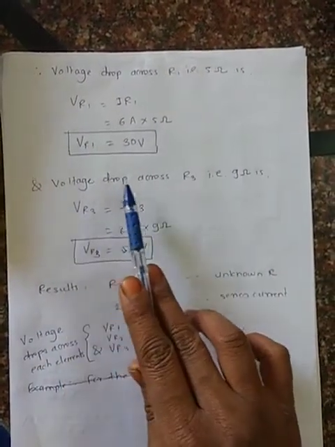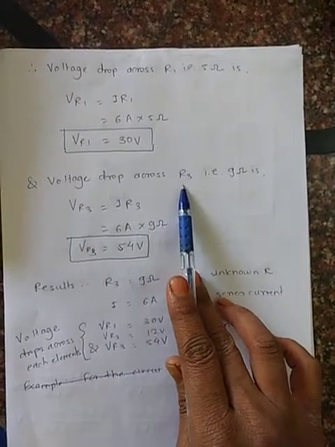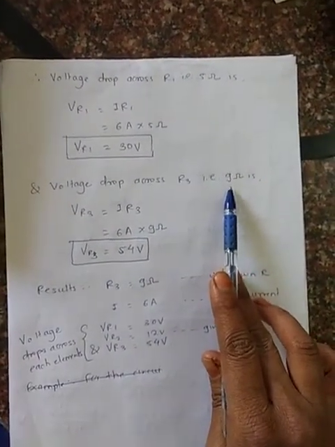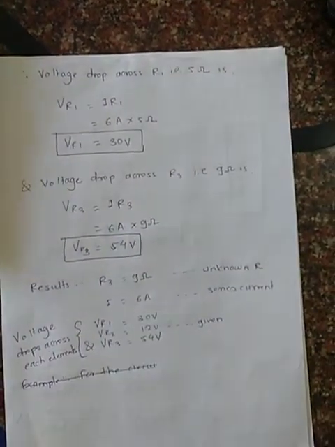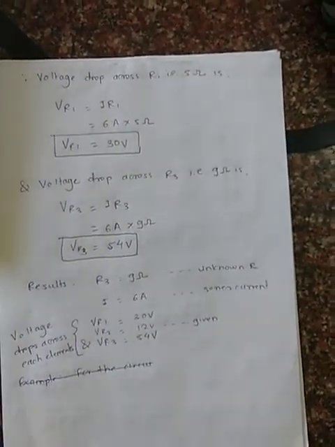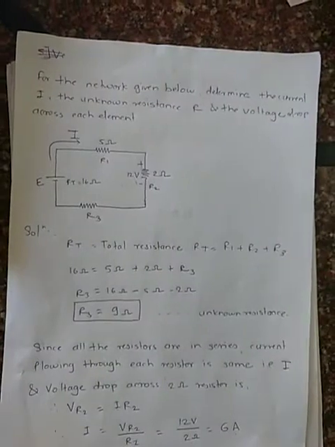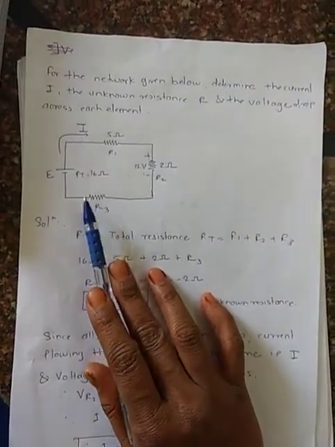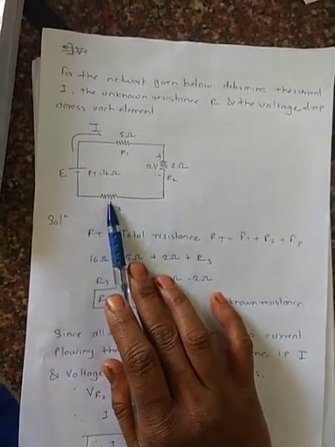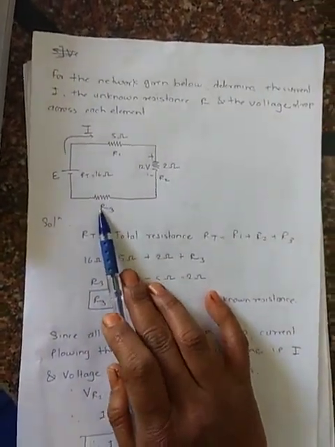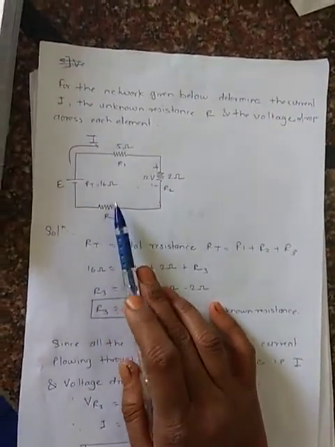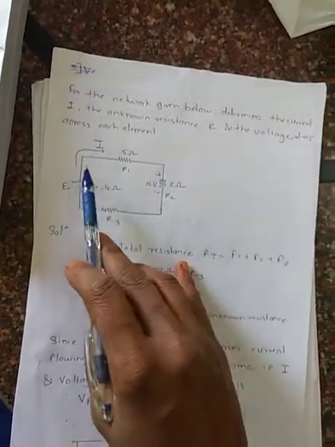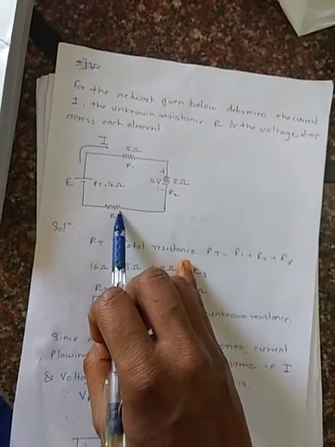And we also have to find out the voltage drop across R3, that is across the 9 ohm resistor. The voltage drop across any resistor is given by the current flowing through that resistor multiplied by the resistor value. Here the current is I, and as this is a series circuit, the same current flows through all the elements.